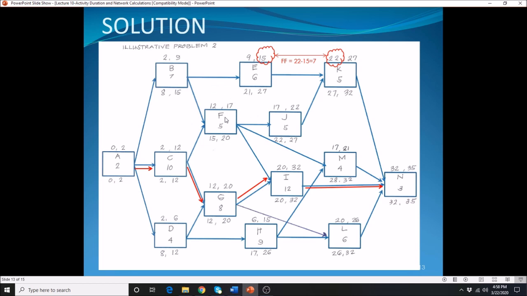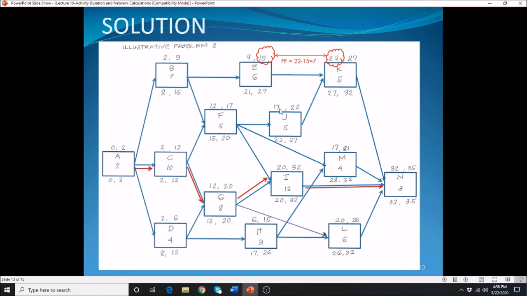Alright, so let's see F. F is a non-critical activity. It is followed by activities J, M, and I. Whichever is the minimum of the early starts of those activities is the value we are going to subtract from the early finish of activity F, the activity in question.